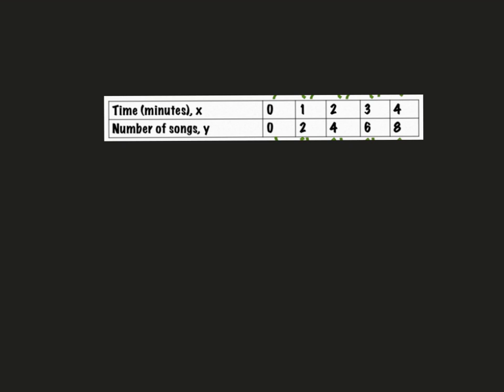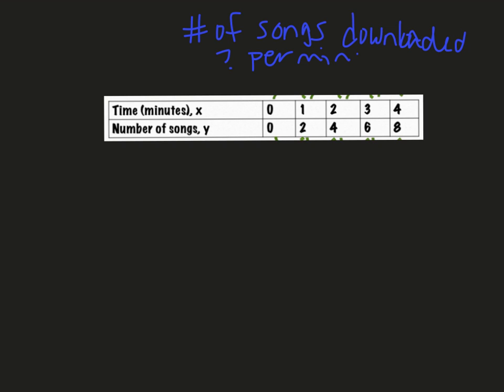So this is number of songs downloaded, and he wants to know how many he can download per minute, whether that varies depending on the song, or is going to be a constant change.